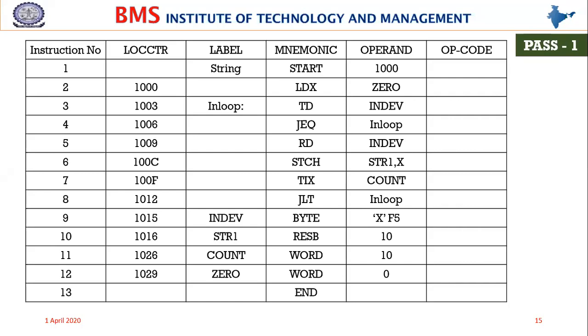Remember, the assembler directives will not be converted into object code. The declarative statements will not be converted into object code either. Assembler directives are just guidelines to the assembler itself. The declarative statements allocate the memory required as per the declaration. That's it. But the rest of the instructions will be converted into object code.